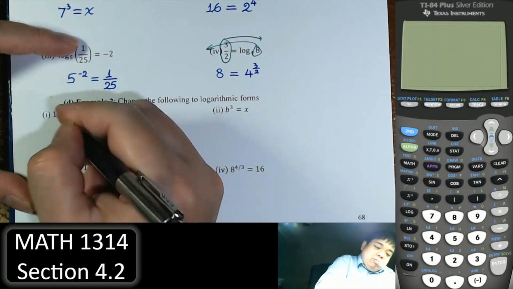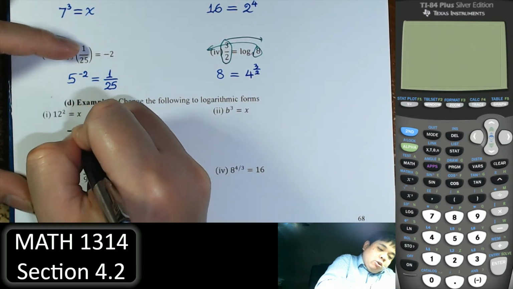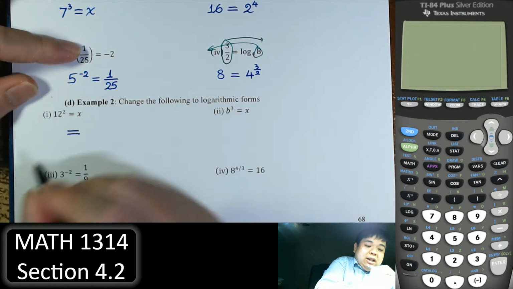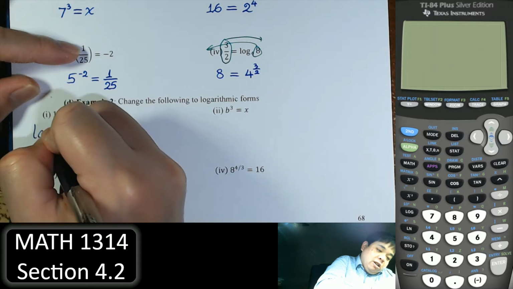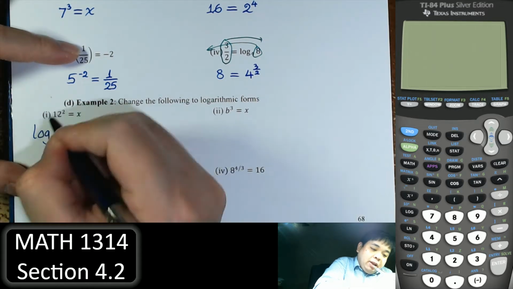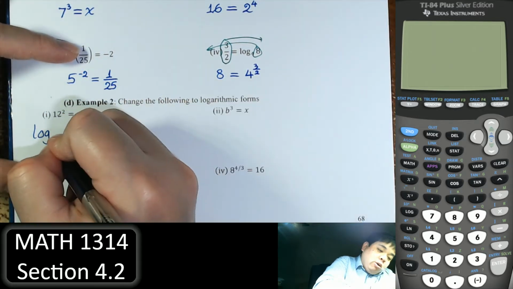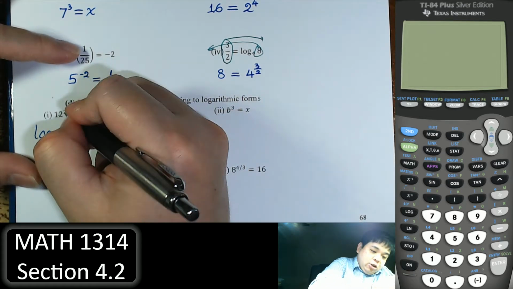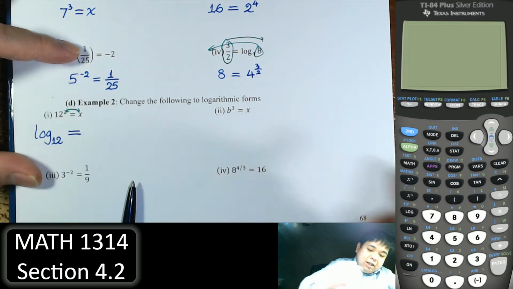When we change this back to logarithmic form, the equal sign will stay. The base 12 will stay. However, we have to introduce the log, and then the base, in this case 12, will be a subscript. And then we interchange x and 2.